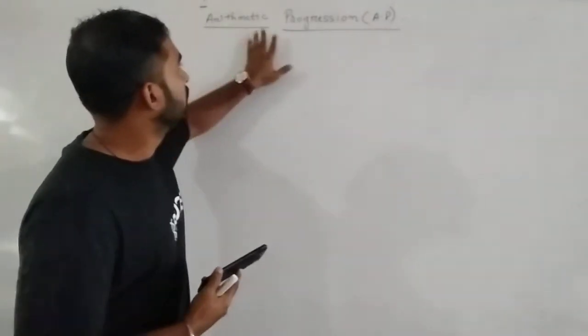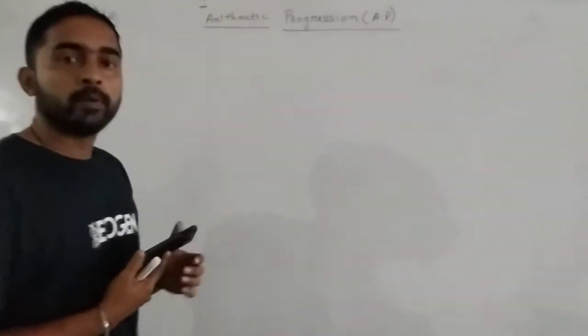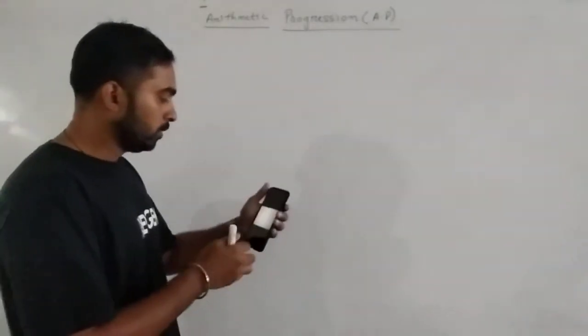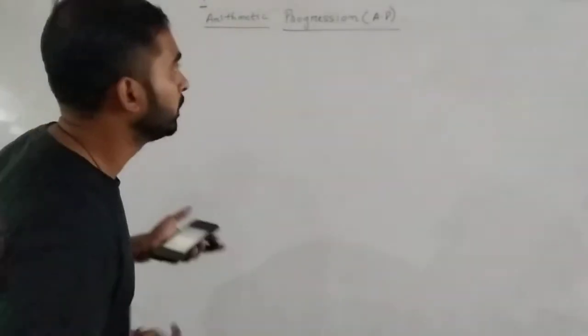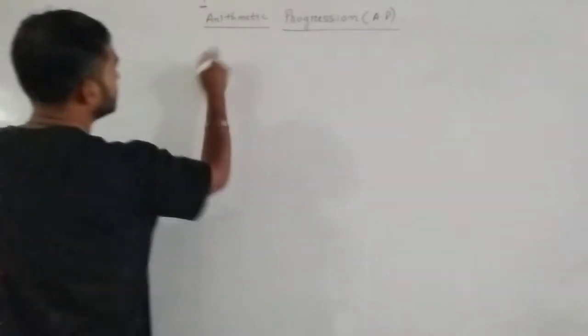In the classroom we already discussed the basics of the AP progression, and I gave you the formulas to find the AN, SN and AP mean. Again I wrote down the formulas.